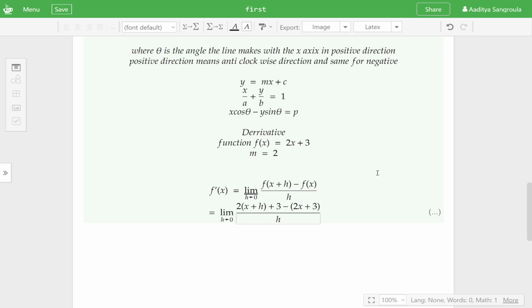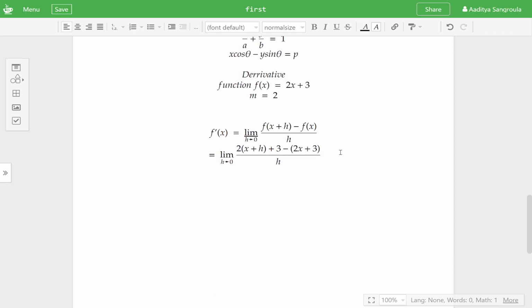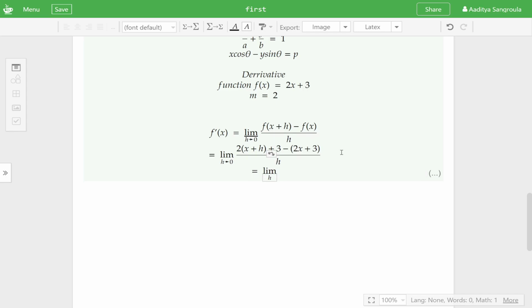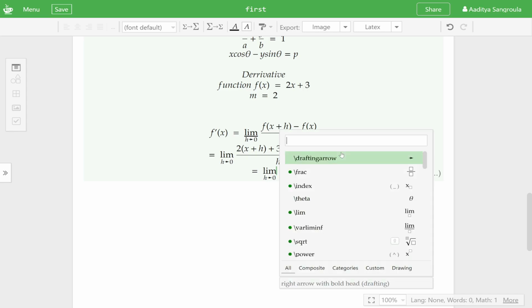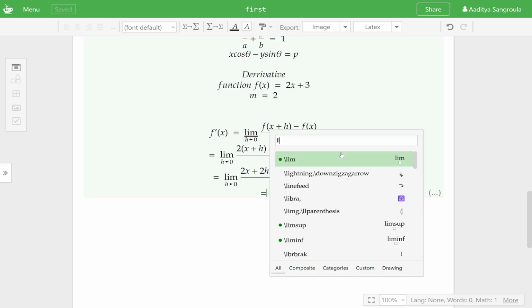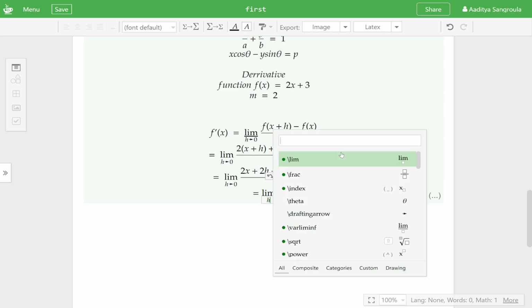Now we don't know what the value of h is. For now, let's keep it as just h, right? So that's going to be equal to the limit as h approaches 0 of, when we open this up, 2x plus 2h plus 3 minus 2x minus 3 divided by h.